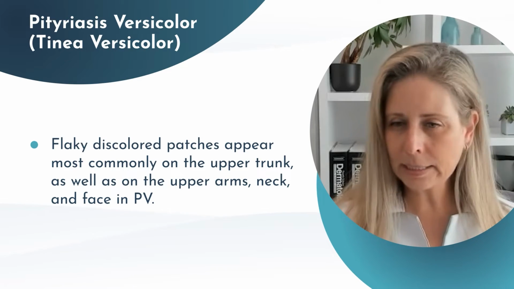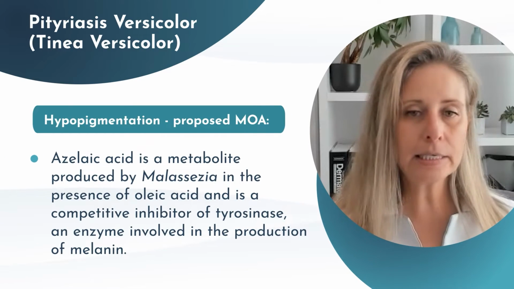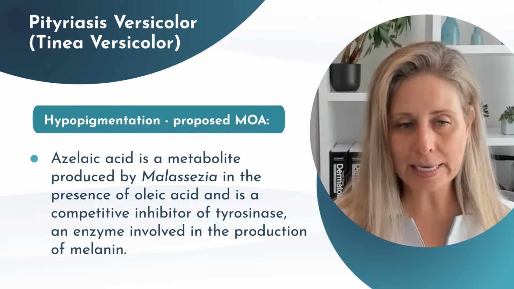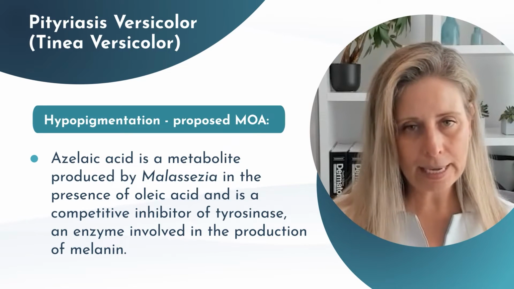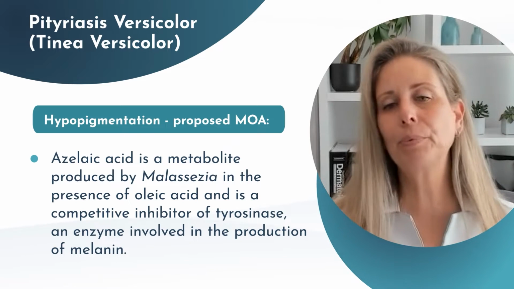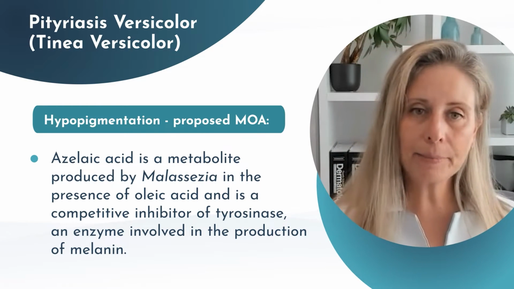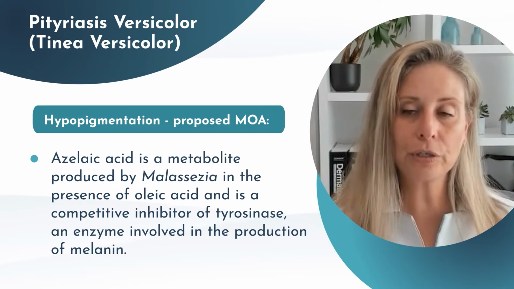And we're not entirely sure, but what we think might be happening is Malassezia yeast can produce a substance called azelaic acid. It's a metabolite that gets produced. When azelaic acid is in the presence of oleic acid, it becomes a competitive inhibitor of an enzyme called tyrosinase. And tyrosinase is really critical in the production of melanin.